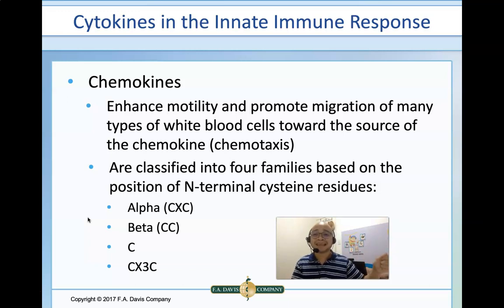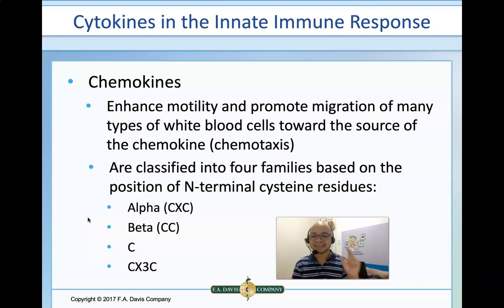We can classify chemokines according to the location of the N-terminal cysteine residues. With one amino acid in between the cysteines, that's alpha, so CXC. Two consecutive N-terminal cysteine residues, we call beta.